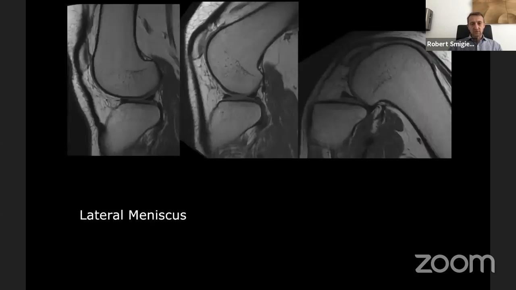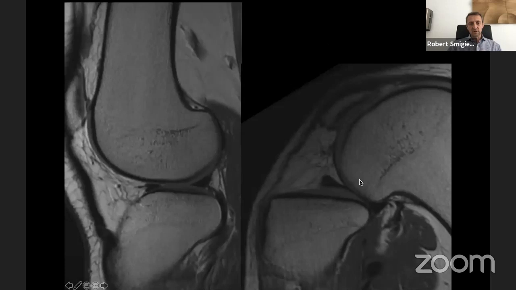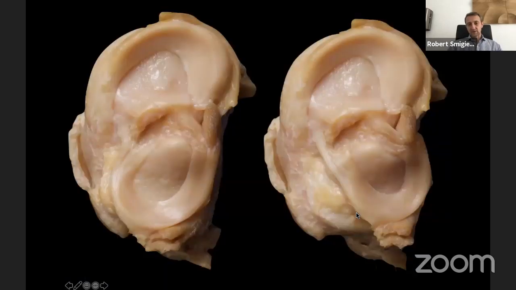I would like to focus on the lateral meniscus. Then you have the lateral meniscus here, the lateral tibia plateau, lateral femoral condyle, and just please observe how the position of the lateral meniscus changes on the MRI from full extension to full flexion. It's going again. If you can see that, you will see that this is really a big movement from full extension to full flexion.